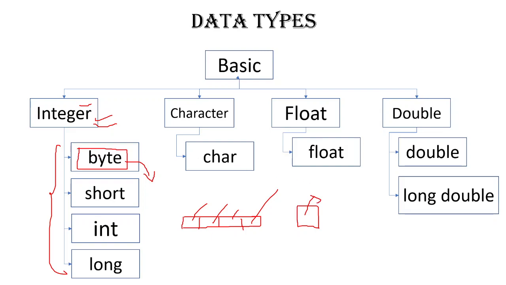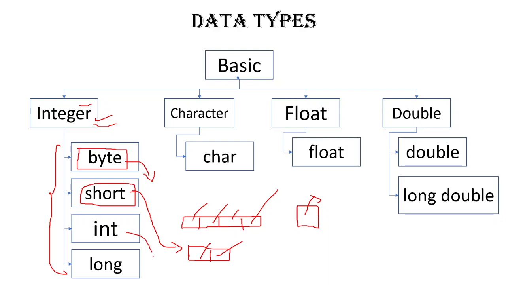Short means it will give 2 bytes to the variable. If our variable is of short type, it will allocate 2 bytes in the memory to this particular variable: this one and this one.